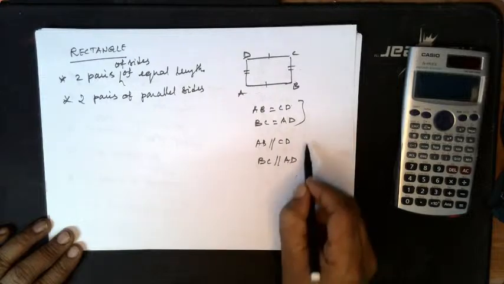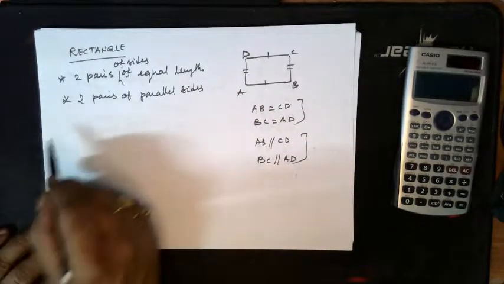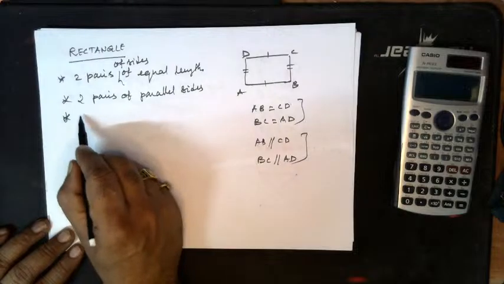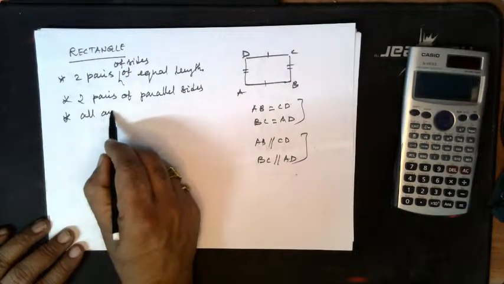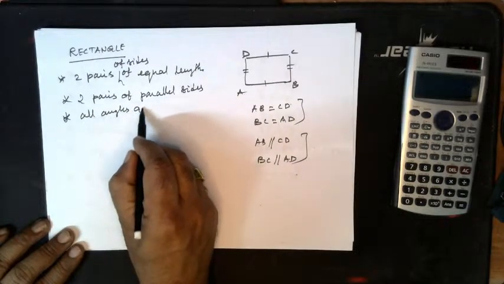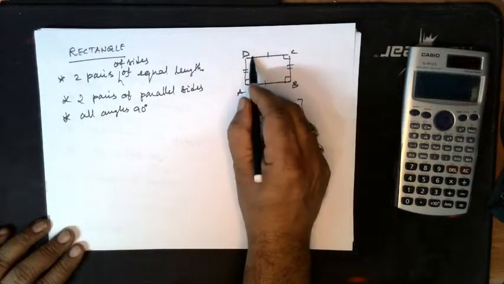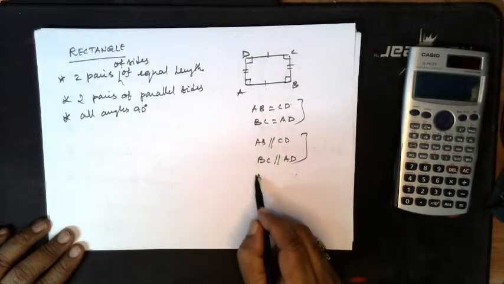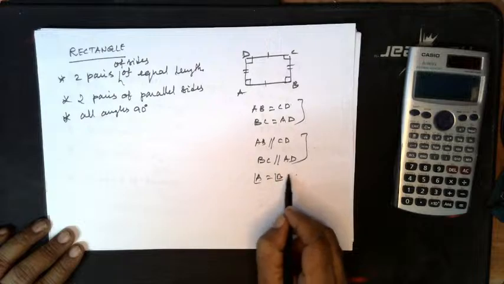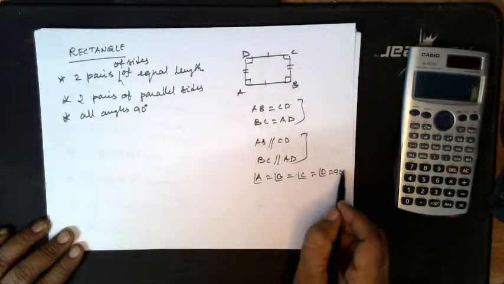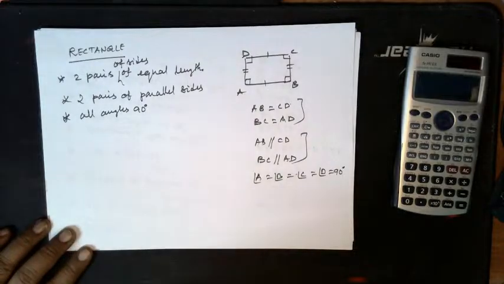Another 2 pairs. Then all angles 90 degree. So angle A is equal to angle B is equal to angle C is equal to angle D is equal to 90 degree. They are all right angles.